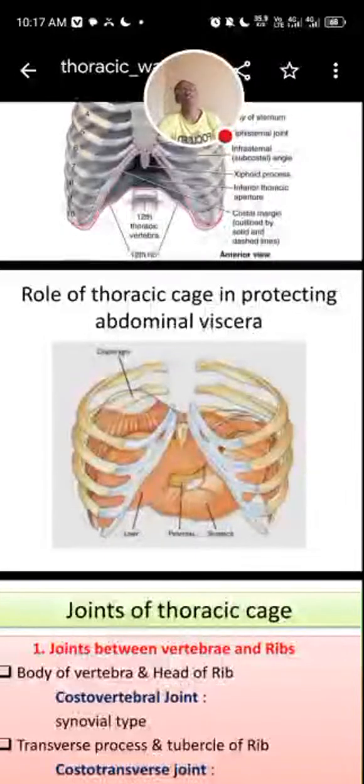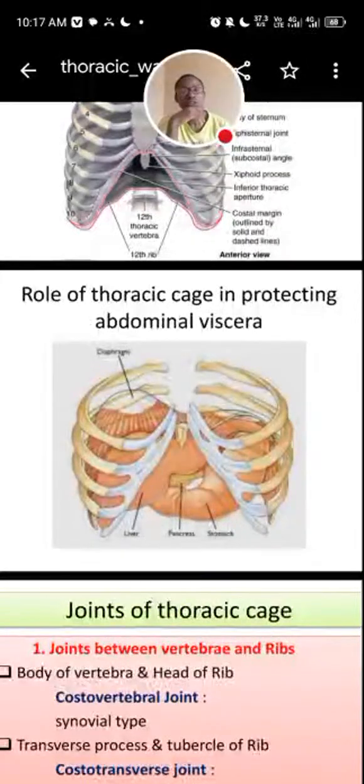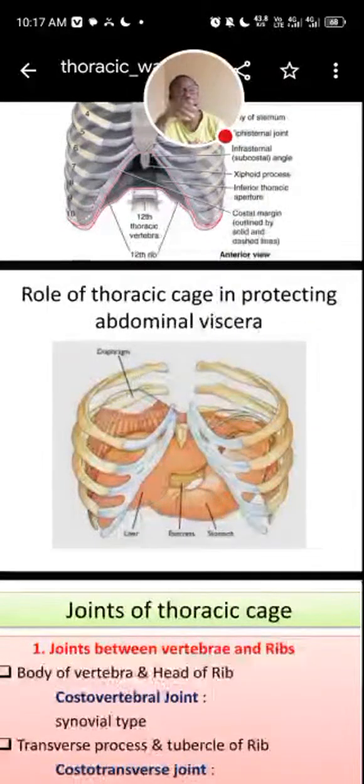And we also have the posterior mediastinum. The level for superior is T1 to T4, the level for inferior is T4 to T12, whereas for the posterior it is T5 to T12.